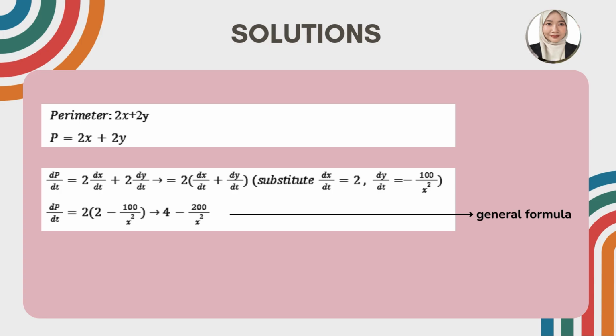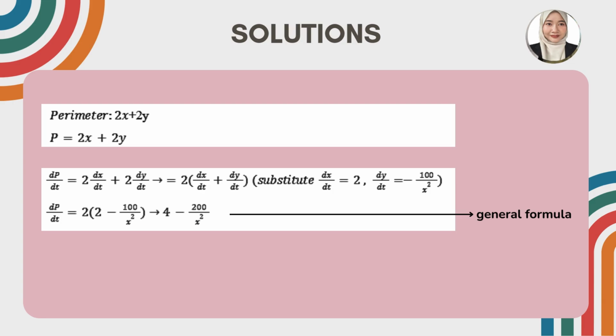Okay, so moving on to the perimeter of the rectangle, which is P equals 2x plus 2y. Then we differentiate both sides, which is dP/dt equals 2 times dx/dt plus 2 times dy/dt. From the above calculation, we already got the values for dx/dt and dy/dt. Then we substitute the values into this equation, and we get dP/dt equals 2 times 2 minus 100 over x squared.